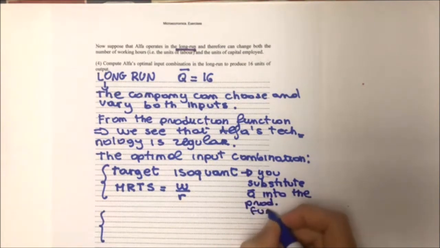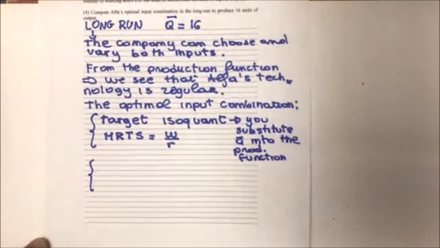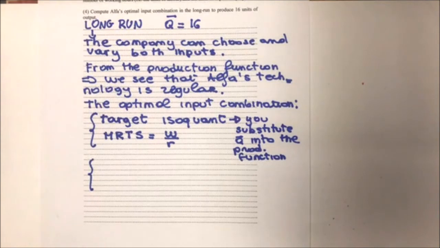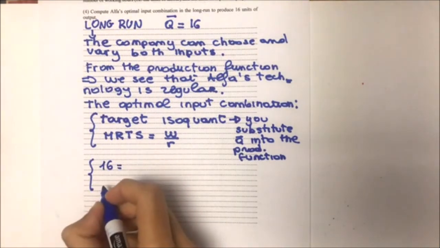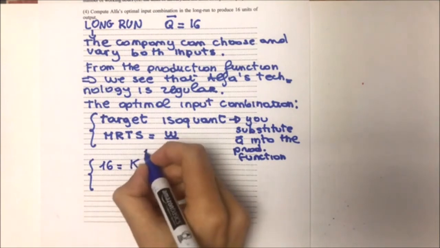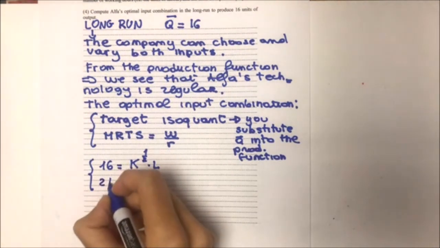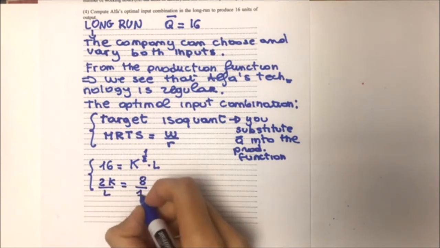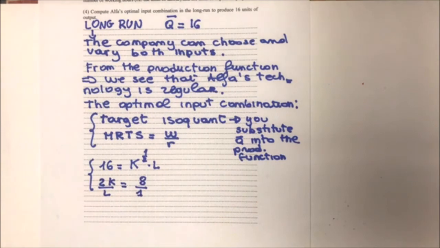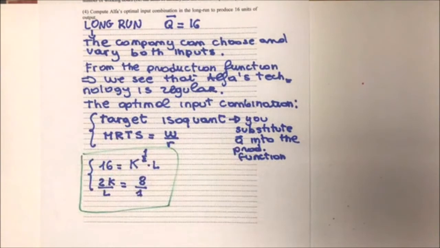So our production function was Q equal to K^(1/2) times L, and instead of Q I put 16 because that's my target Q, so 16 equals K^(1/2) times L. Then we are given the marginal rate of technical substitution, that is 2K over L, equal to the wage, which is 8, over R, which is 1. So we have to solve this system.